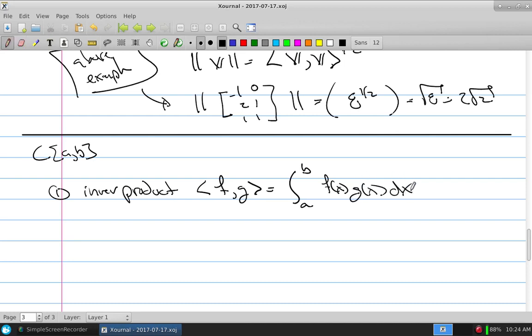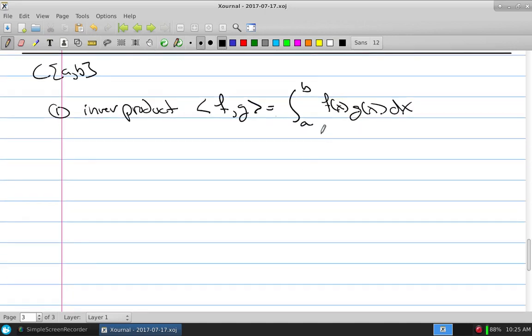By the way, is this actually the same thing that we're doing up above? What does this symbol mean? Why is it an elongated S? Because it is a sum. What is this actually doing? This is taking the function f and the function g and multiplying their heights, right?